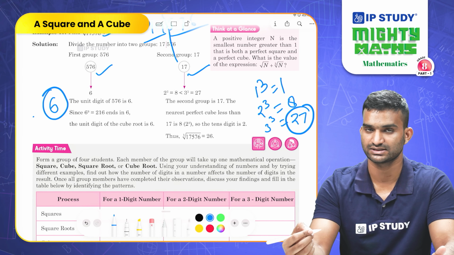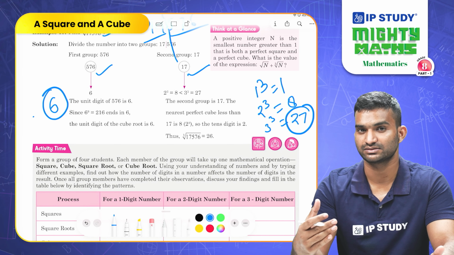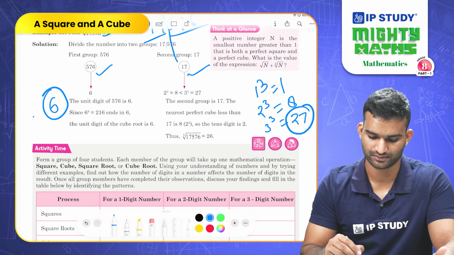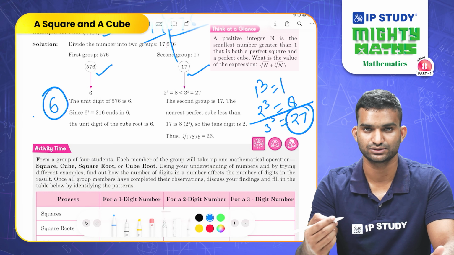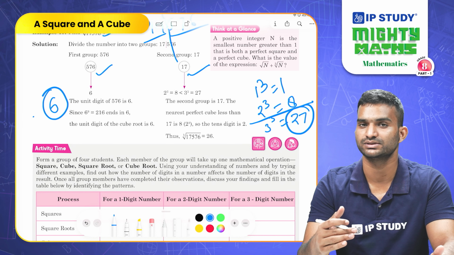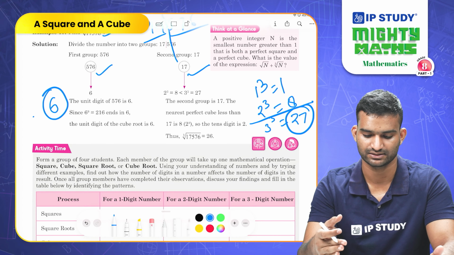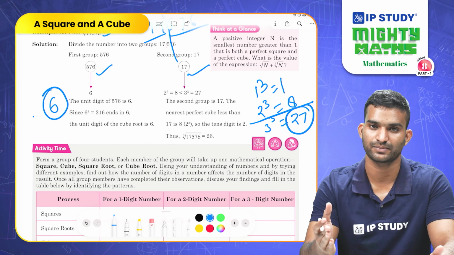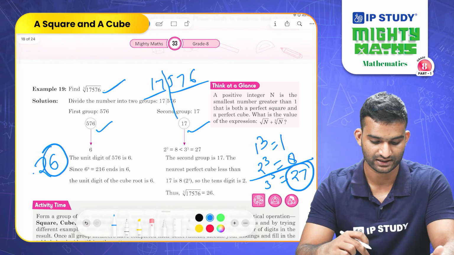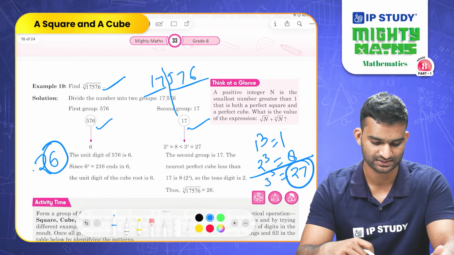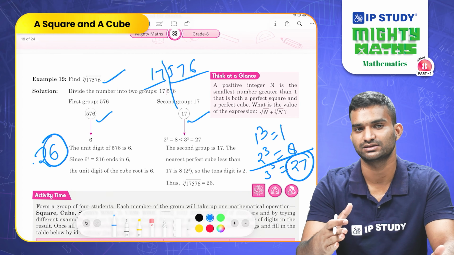So we will consider the number that is below the given number. In this case, it is 8. So we'll consider the number 2 because 2's cube is 8, which is less than 17. That's why the leftmost part will be 2. So the cube root of 17576 is 26.